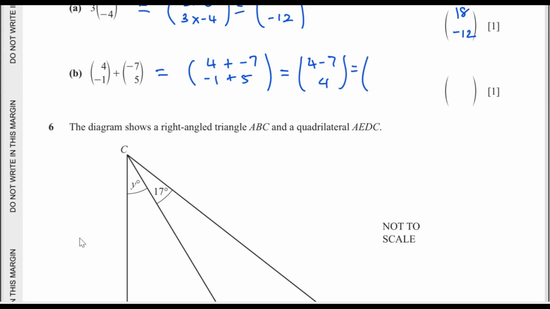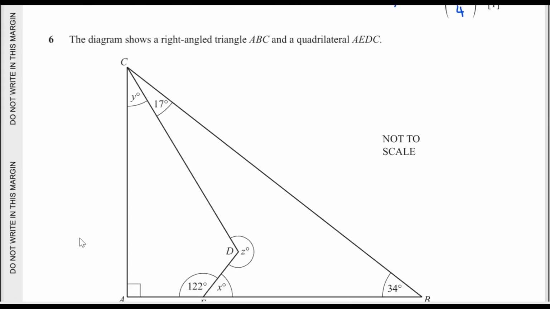So here we have minus 3, and here we have 4. So we enter minus 3 and 4 as the components of this vector. So we have minus 3 and we have 4 here. So we proceed to question number 6.